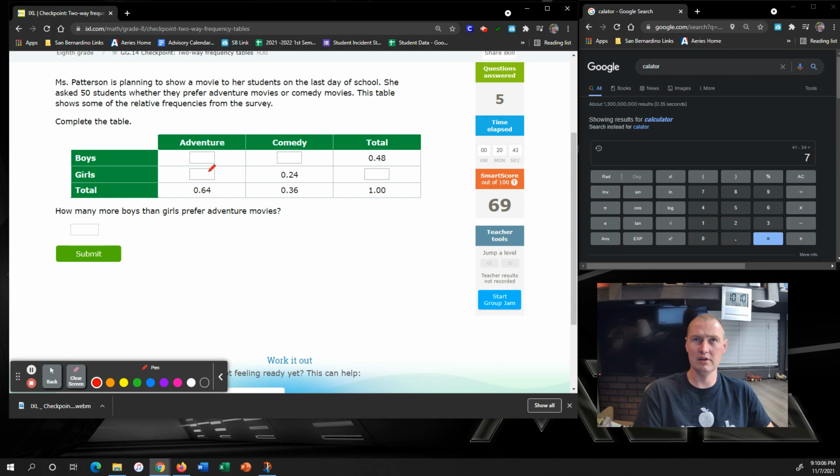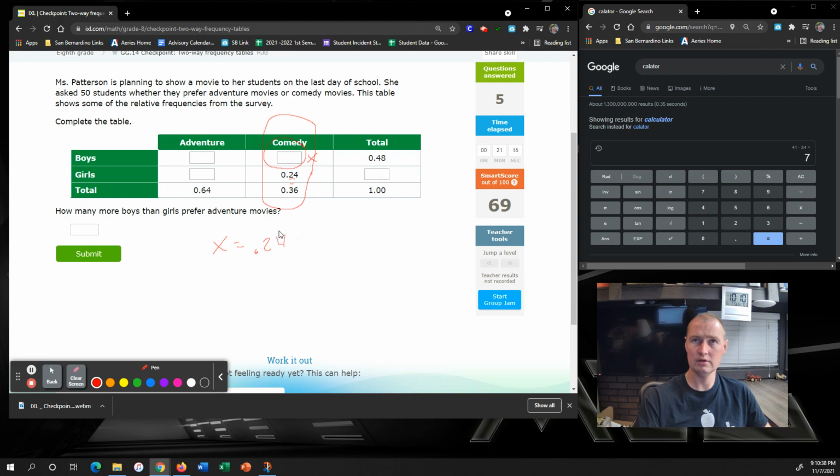So I'm going to clear the screen. The Boys Adventure is probably the worst box to start out with. What about the comedy box right here? Notice that if I do the comedy box for the boys, and I do the column, we have 2 out of 3, and that one we can do. So we're going to make that the X, and we're going to add going down, and it equals the total, because remember the total is where it equals.